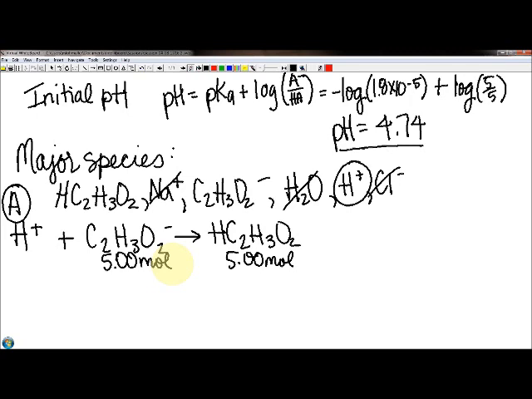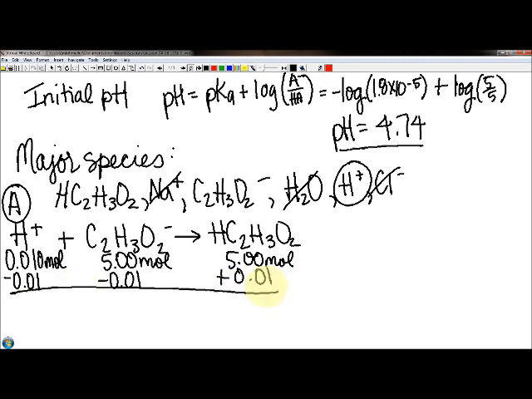We have 0.01 moles of the HCl. Since it's going to completely dissociate, we know that will be for the hydrogen. So we need to get rid of the hydrogen, so I'm going to subtract the 0.01 from the reactant side, both of them, and add it to the product side.